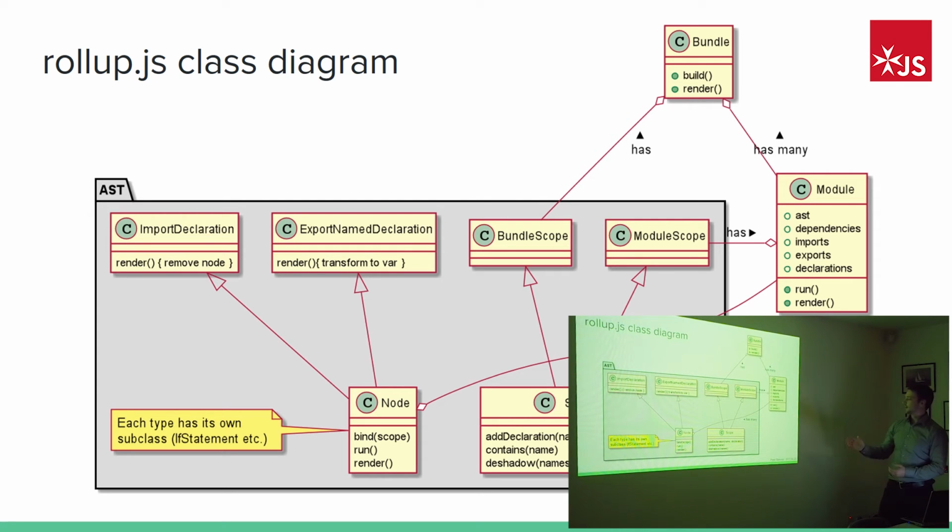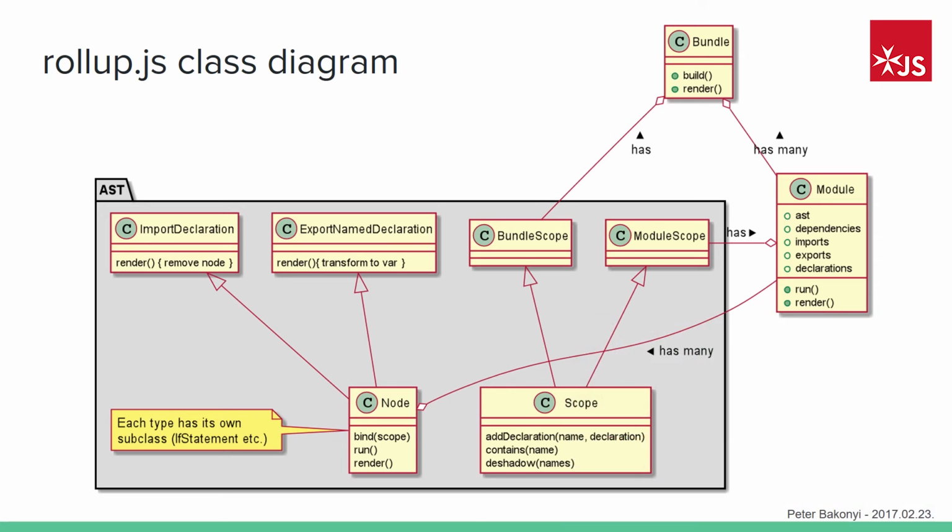It's not as intimidating as it might look at first. This is actually how rollup.js was built internally. This is the class diagram of rollup.js. Basically, they are using an object-oriented approach where they have a bundle class, and the bundle class has many modules.